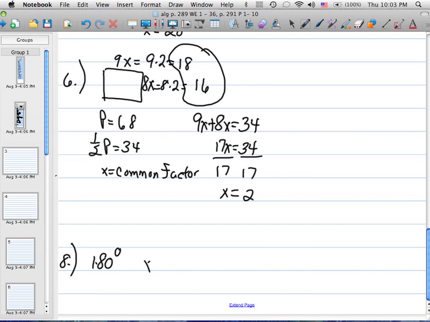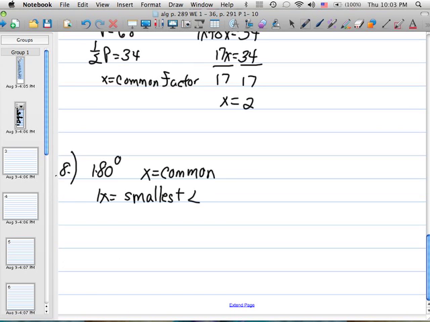So x equals your common factor. The smallest angle is 1x. The next angle is 2x, the ratio is 1 to 2 to 3. And the last angle, or the largest angle, 3x equals the largest angle.